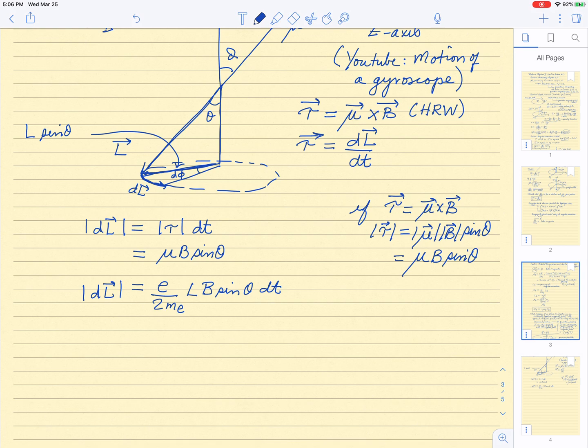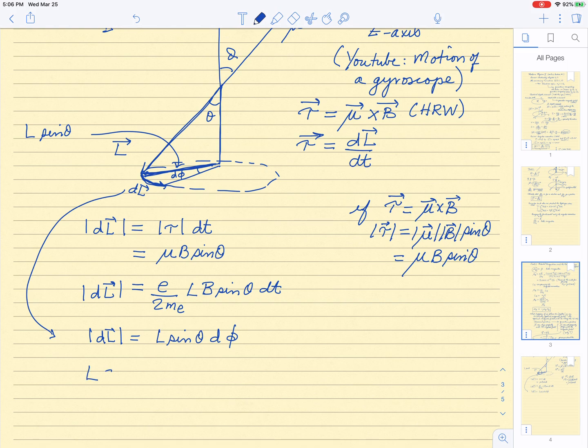Okay. So looking at the change in the angular momentum from here, then we know that the change in the angular momentum in magnitude is going to be equal to L sine of theta d phi. It's going to be this distance here swept through this angle. Okay, so we equate those.